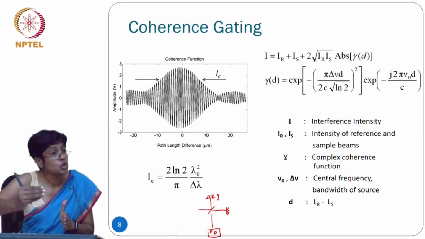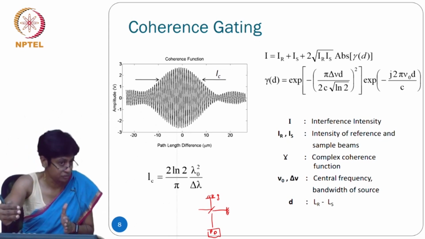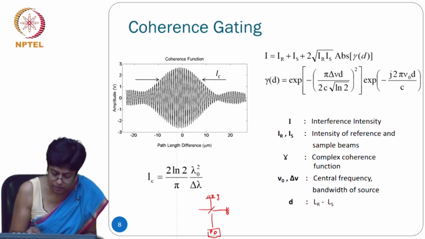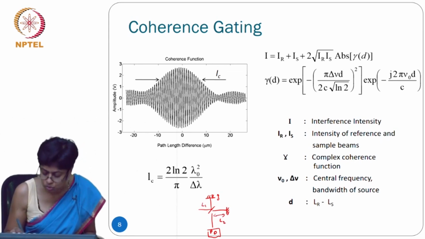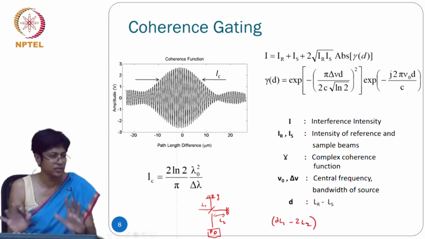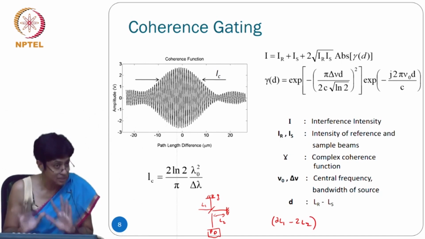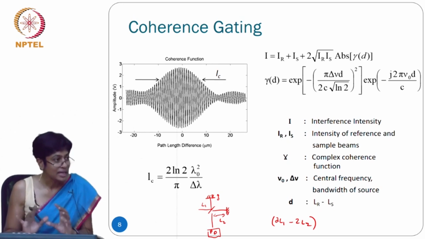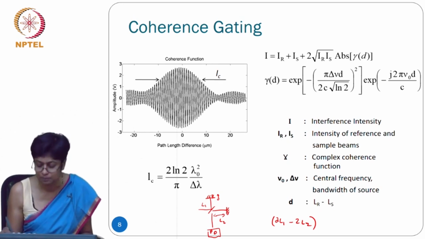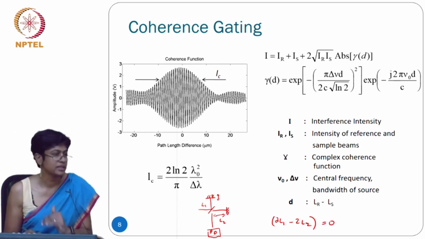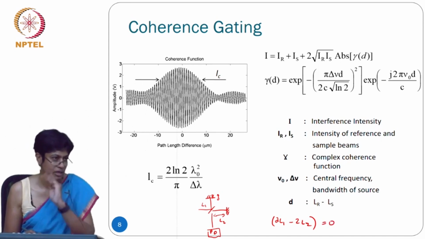If the distance goes beyond the path length difference, so this is L1, let's say this distance, this is L2. So 2L1 minus 2L2 is the path length difference, assuming everything is in air and neglecting what's happening in the beam splitter. Let's say I initially set this up to be 0. My photodetector will have one high value.